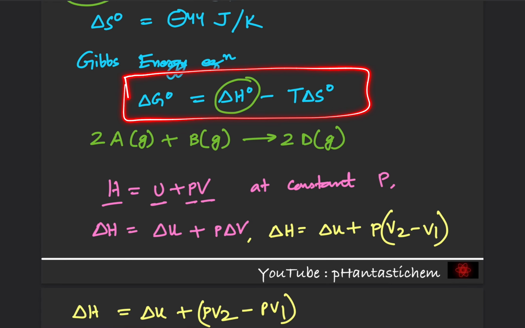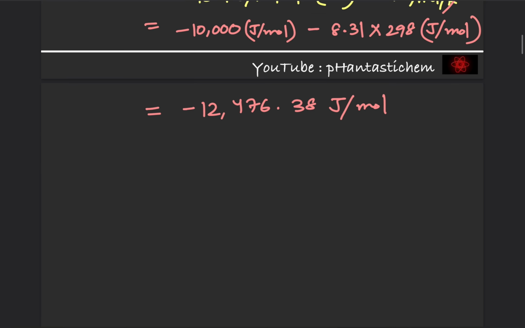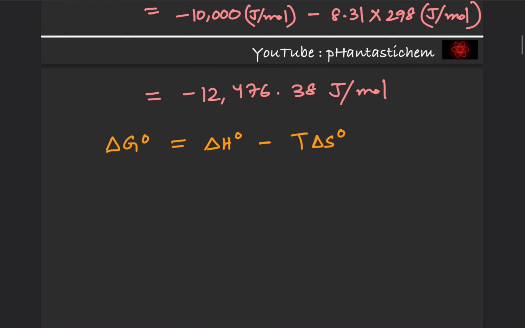So now we know delta H naught, and we can use the Gibbs energy equation to find out delta G naught. We know that delta G naught is equal to delta H naught minus T delta S naught.